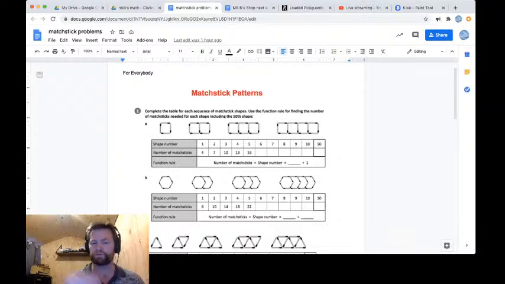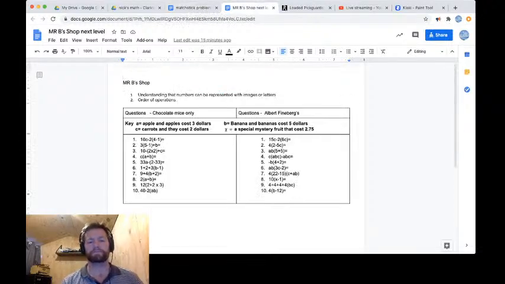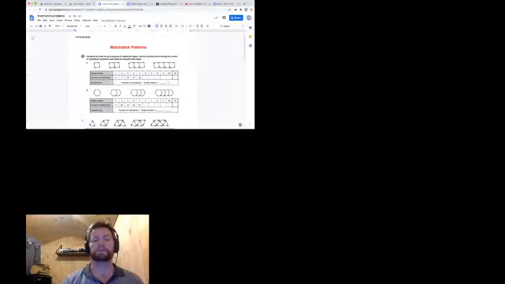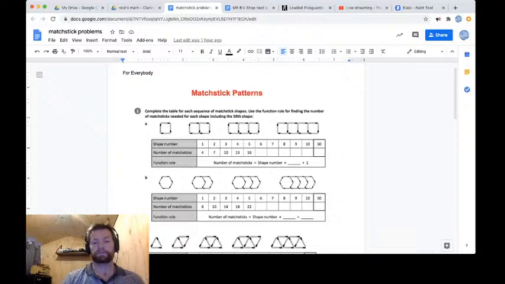So I'm going to talk through the way I figure out these problems myself again. And then we've got some reviewing on our order of operations stuff. So let's get to the matchstick problems first, and then we'll see where we're going from there.